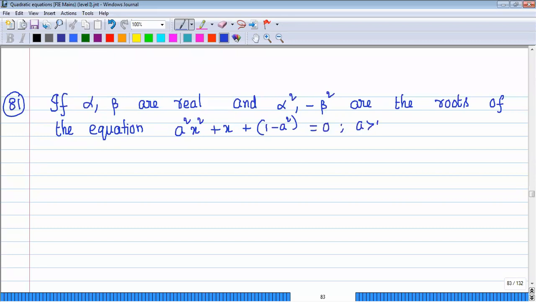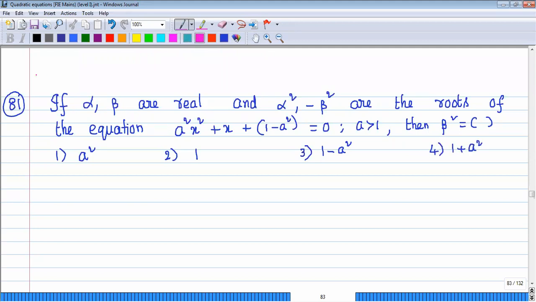Here a is positive, a greater than 1. Then beta square equals to first option a square, second option is 1, third option is 1 minus a square, fourth option is 1 plus a square.